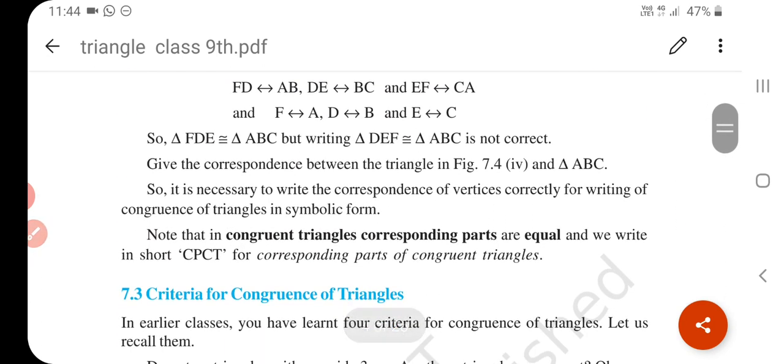Congruent triangles' corresponding parts are equal, and we write in short CPCT, meaning corresponding parts of congruent triangles. Okay, understand? Meaning, if you want to find whether two triangles are congruent, then congruent triangles are equal in all respects. That means they are the exact duplicate of each other.